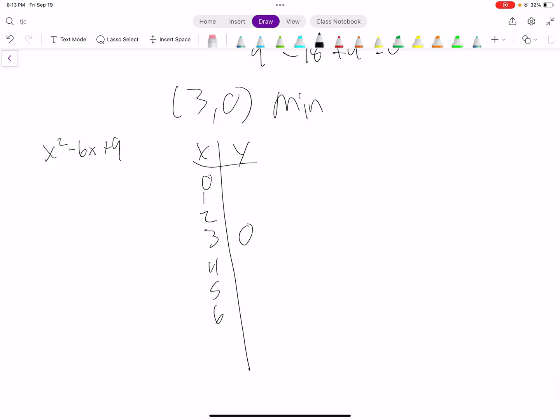So you plug 2 in, you'll get 2 squared minus 12 plus 9, which is 13 minus 12, which is 1. That will make 4 also be 1 because it's a parabola. So it's going to repeat this pattern. Plug 1 in, you'll get 1 minus 6 plus 9, which is 10 minus 6, which is 4. So that makes this 4. Plug 0 in, you're going to get 9, which makes this 9.